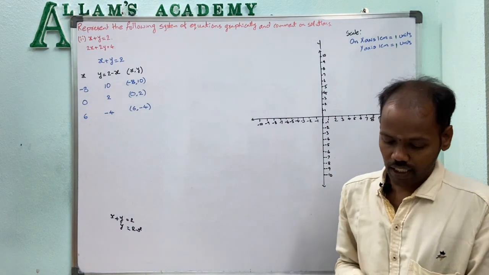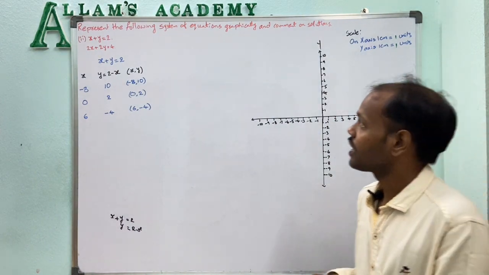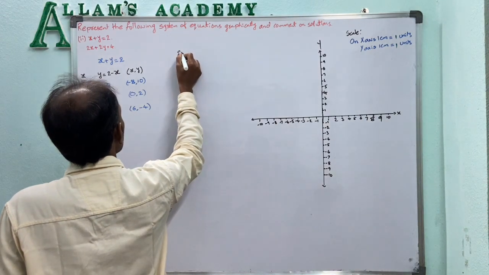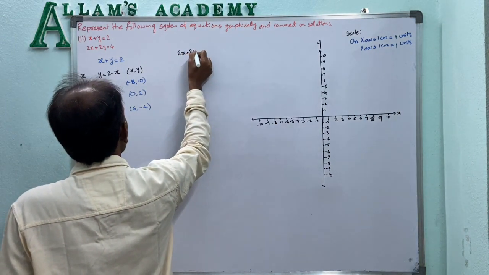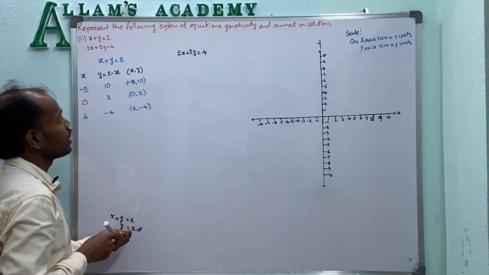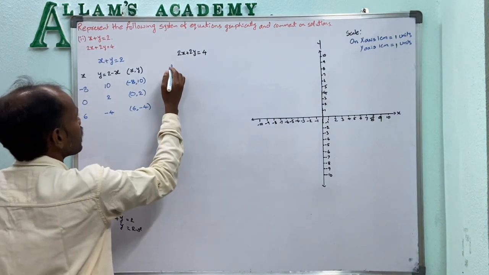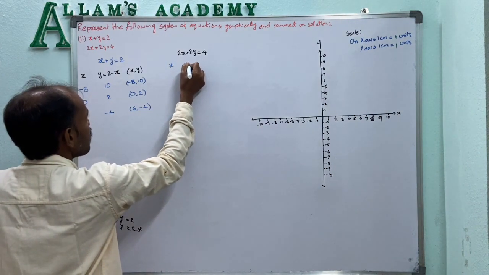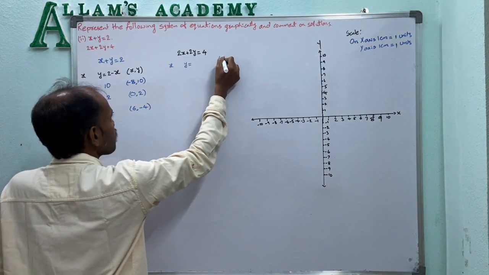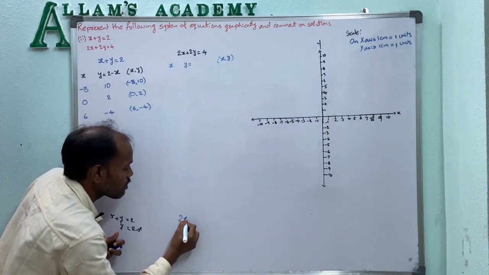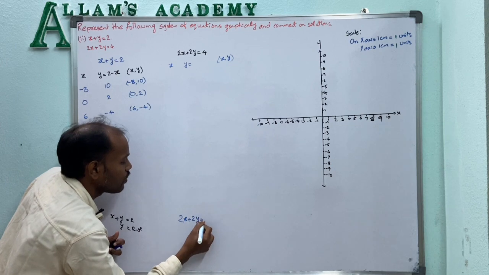Now the second equation, 2x plus 2y equal to 4. For this equation, taking corresponding x values, we get some y values. First, 2x plus 2y equal to 4.